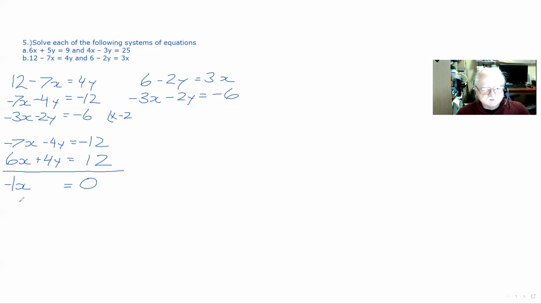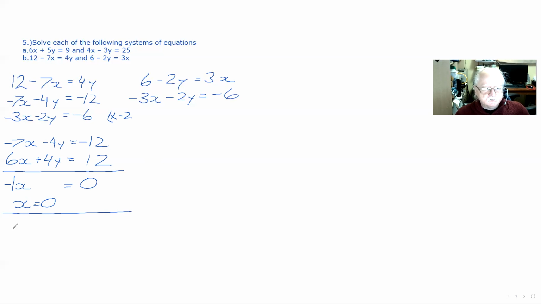So if this becomes 0, then x must equal 0. So we'll work with that, and we'll put that in to both of these equations and see if that works.